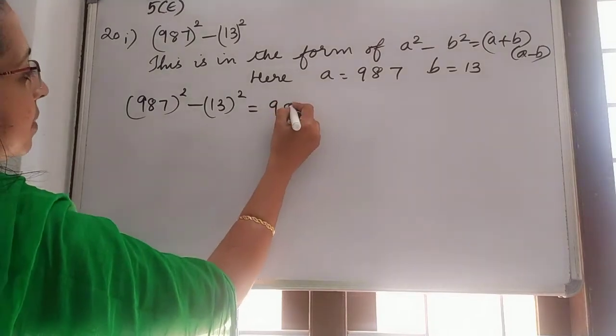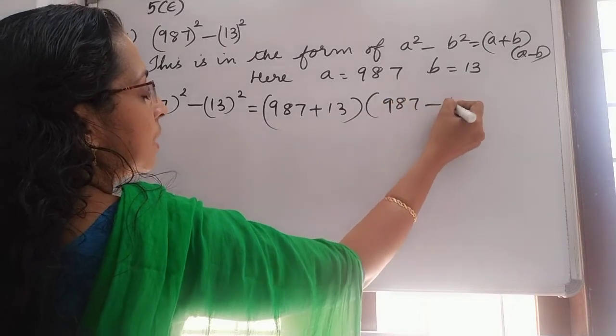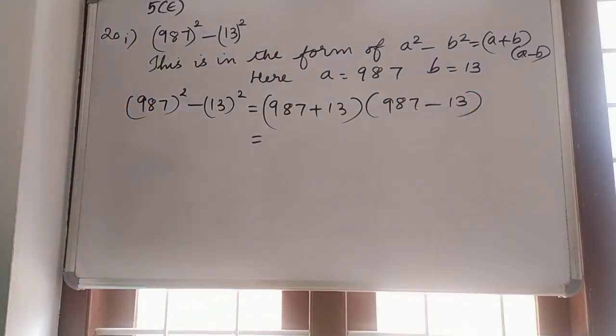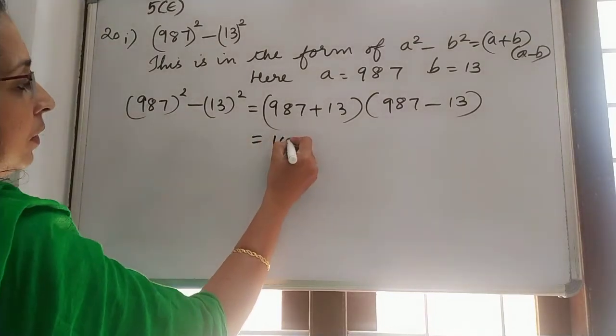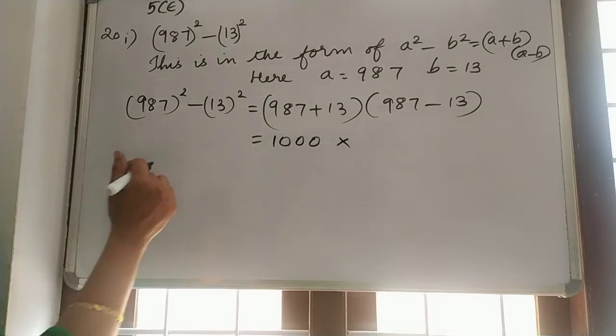So 987 plus 13 into 987 minus 13. So 987 plus 13 is what? 987 plus 13, 1000. 1000 into 987 minus 13 is 974. No?